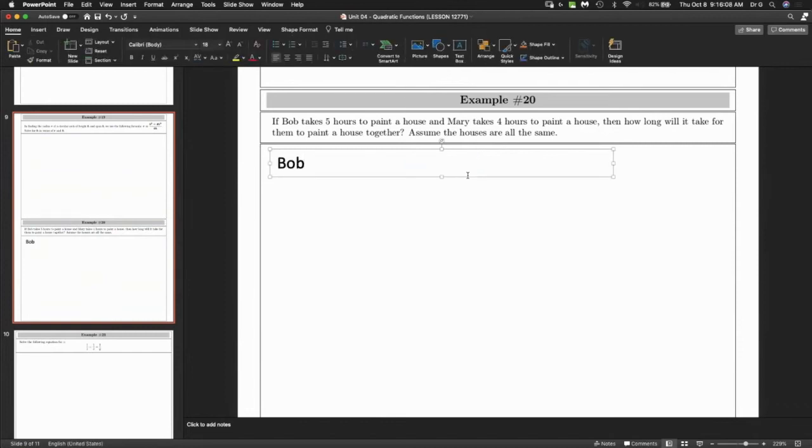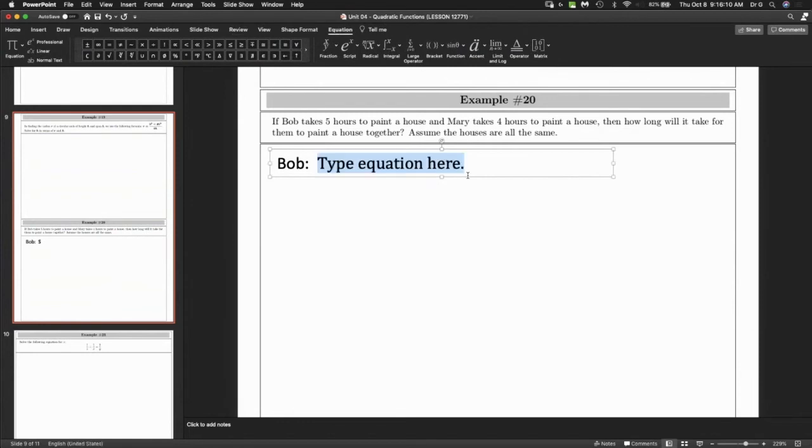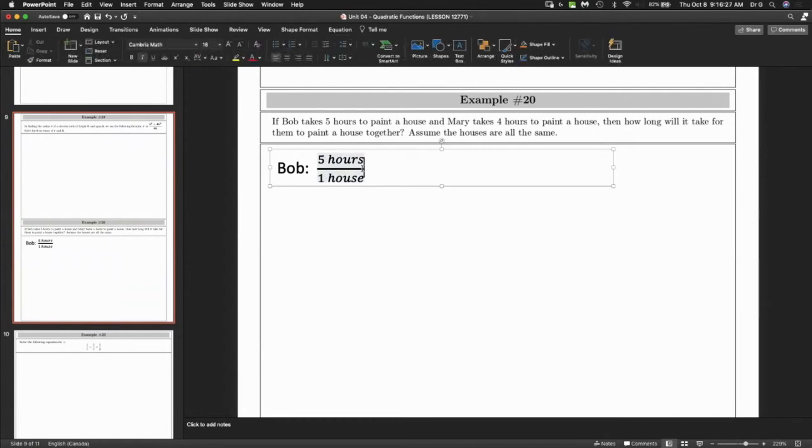Let's talk about Bob. Bob takes 5 hours per one house. And what about his friend Mary? How long is she taking? She's taking 4 hours.